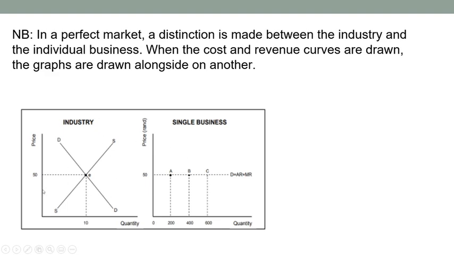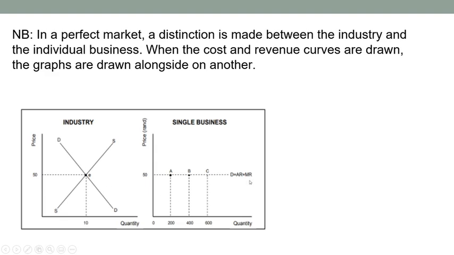You have an industry graph which has the demand and supply. So this demand curve represents all the consumers in the market, and the supply curve represents all the suppliers, all the producers in the market.